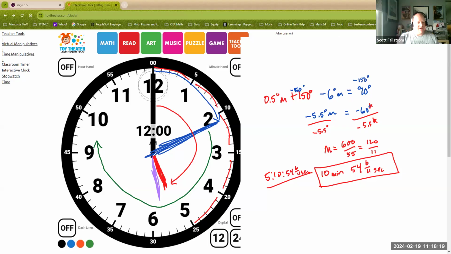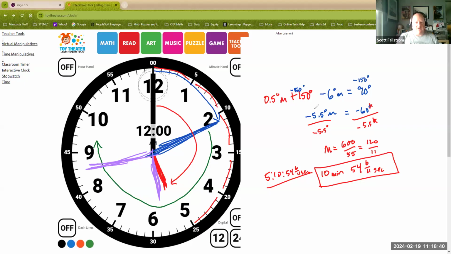So it gets somewhere down in here. It is possible that we get another 90-degree angle. But that 90-degree angle would not be red minus blue. It would be blue minus red. So that would be a little bit different.